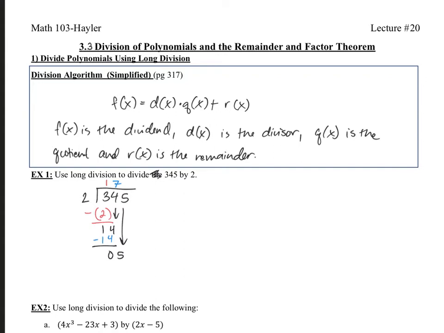Can 2 go into 5? The answer is yes. How many times? Twice. All right, so 2 times 2, 4. We'll have a remainder of 1. So we could write our answer as, let's see, this right here would be our quotient, so 172. And then we have a remainder, 1, divided by the divisor, 2.